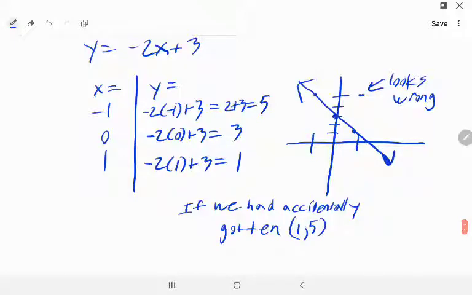By having 3 points, we can tell if one point looks like it's not in the right place. Linear equations in two variables are always going to be straight lines. So if we get something that doesn't look like a straight line, we know something has gone wrong. One of our calculations is off.